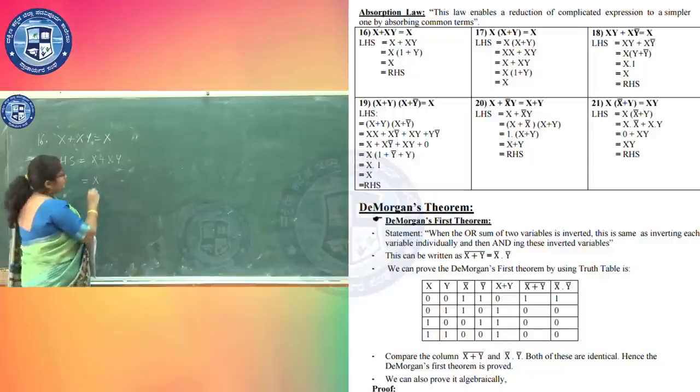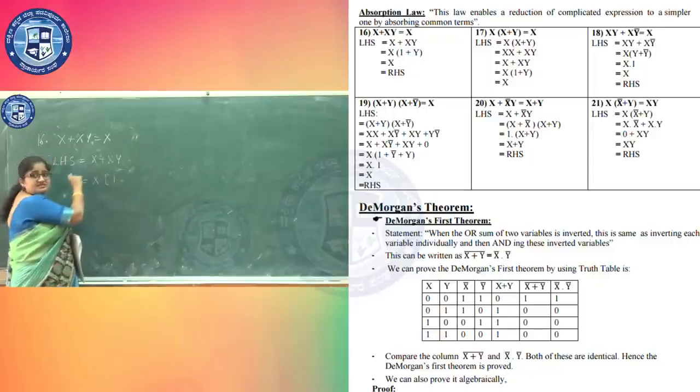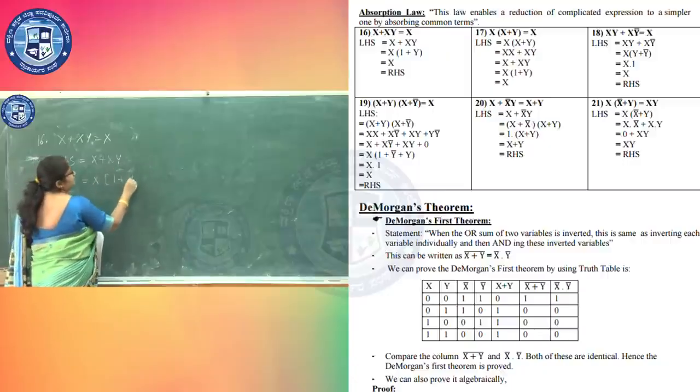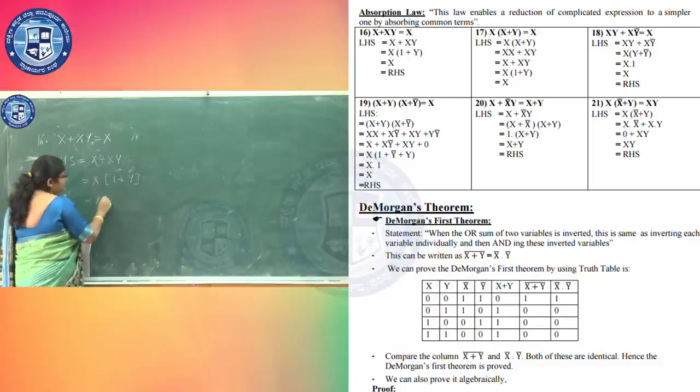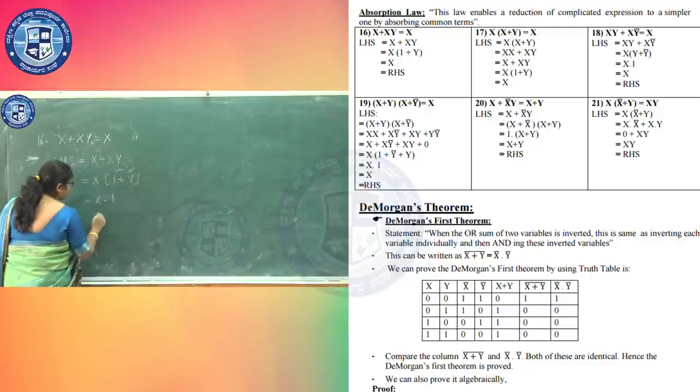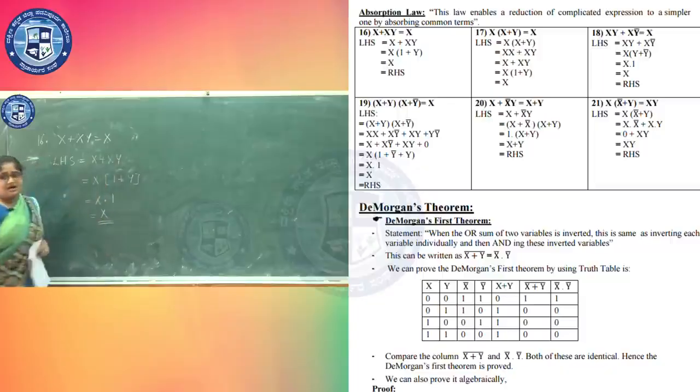X, if I am taking it out, what is left with this term? Only 1 is left, plus x is taken outside, only y is left out. So x into 1 plus y is nothing but 1. So x into 1 is x, which is our RHS. So when you are proving like this, you don't have to substitute the value of x to be 0 or 1. We just have to simply absorb the common terms there, and we shall arrive at the RHS.